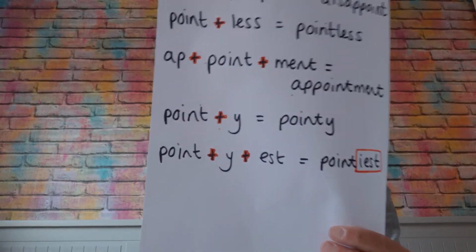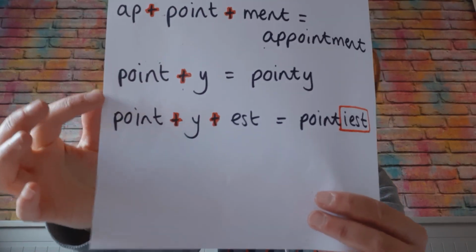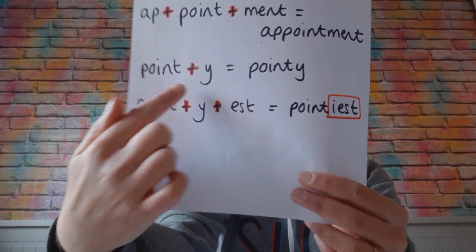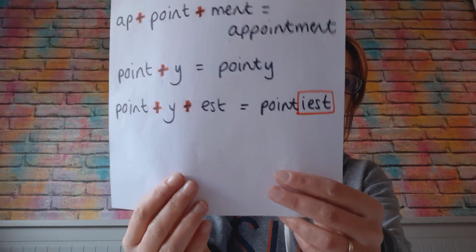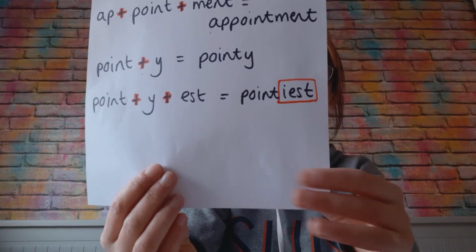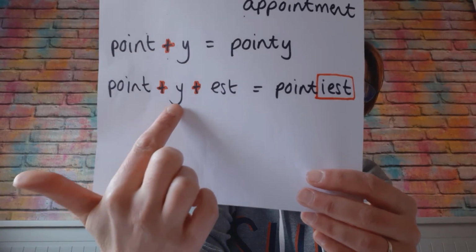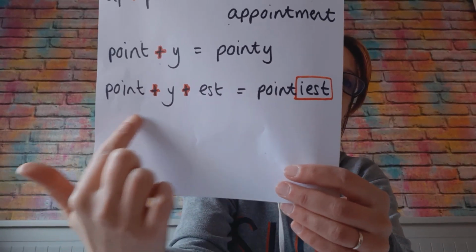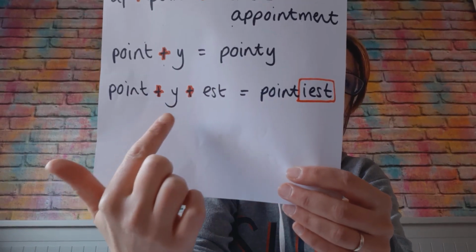Two P's for appointment. And then here we've got our special orange box here because pointy, which is obviously an adjective to describe something, is a bit pointy. And then we've got pointiest. It's like the pointiest pencil. But you can see that this Y changes to an I. Okay, so if we're saying pointiest, this Y changes to an I. And that's to do with there being a vowel suffix starting with a vowel.